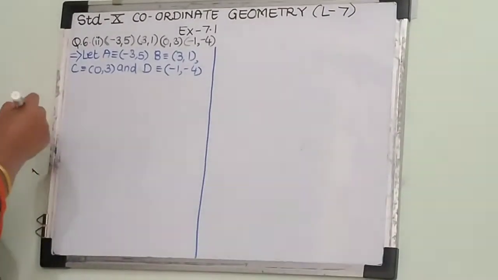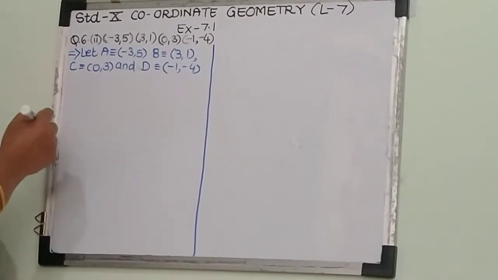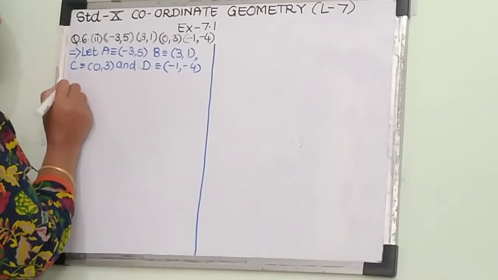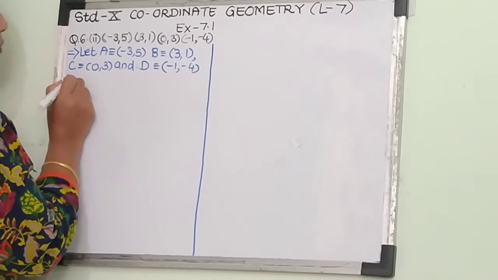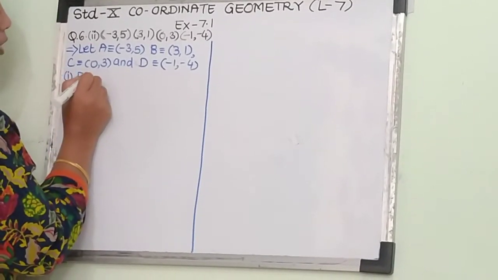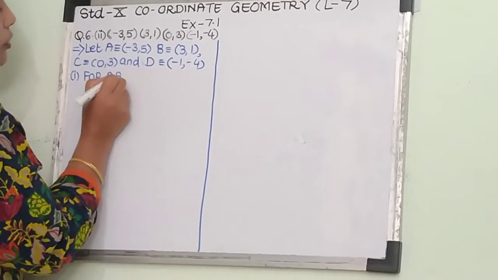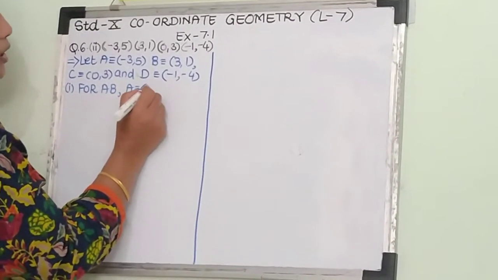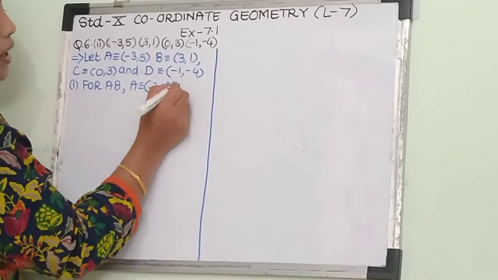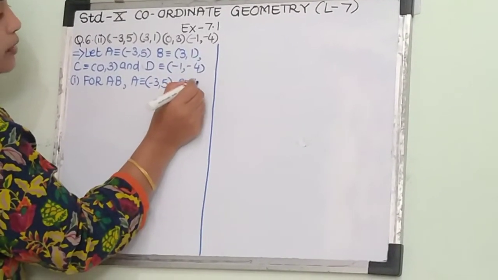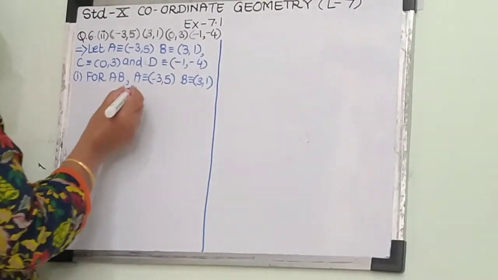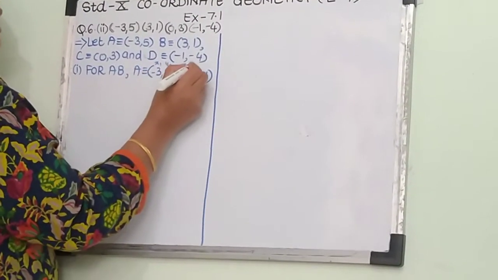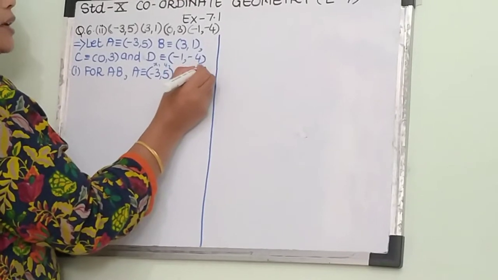First again here we are going to follow the same process we did in the previous question. So first I am going to find out AB. For AB, A's coordinates I will write here (-3, 5) and B's coordinates I will write (3, 1). So A's coordinates are x1, y1 and B's coordinates are x2, y2.